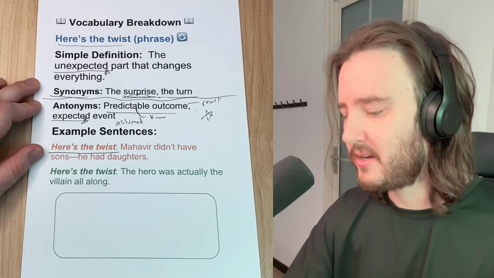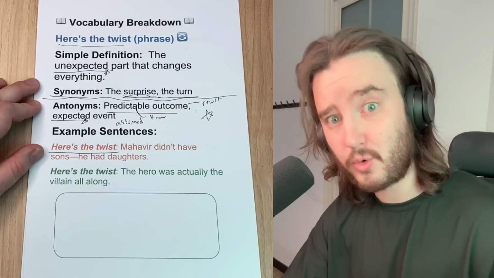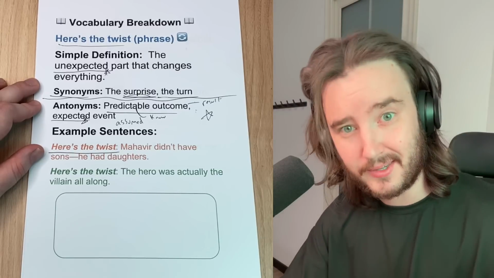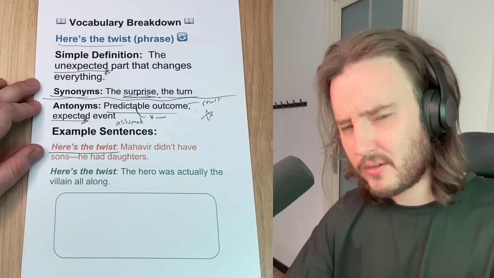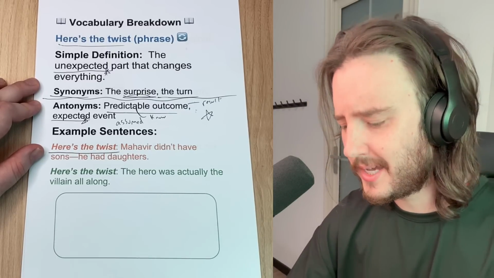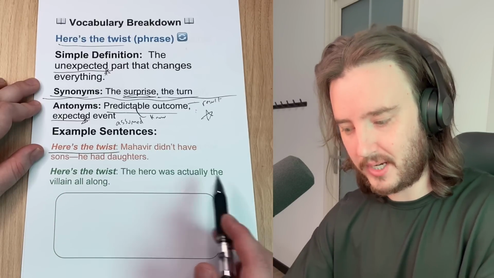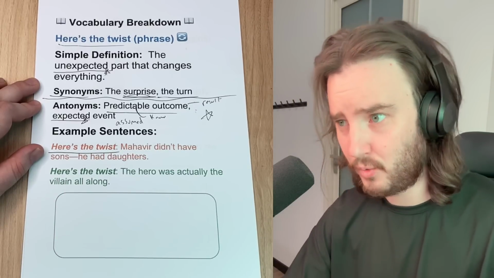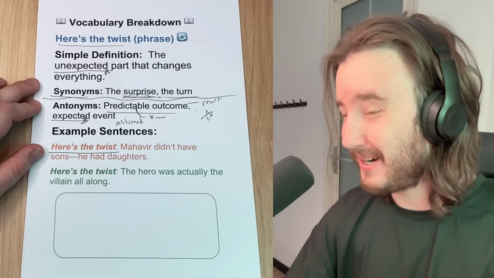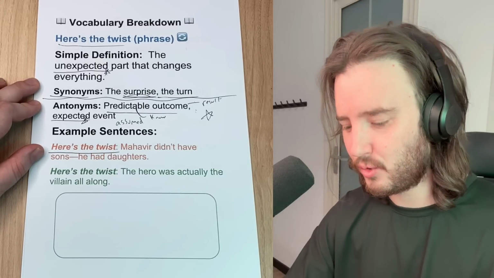So that's why we can use this expression. Here's the twist. Here's the thing you didn't expect, okay? Here's another example sentence unrelated to the story. Here's the twist. The hero was actually the villain all along. Ooh, wow, that sounds like an interesting story, right?